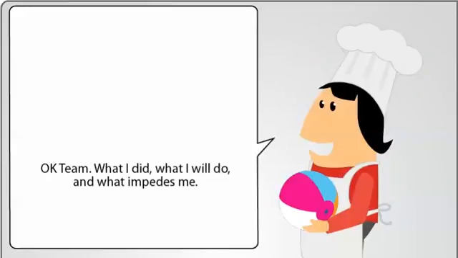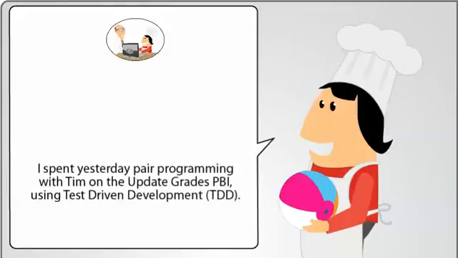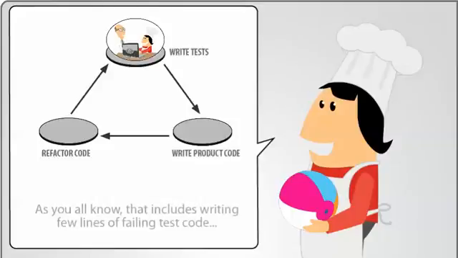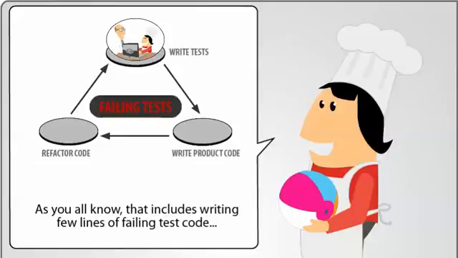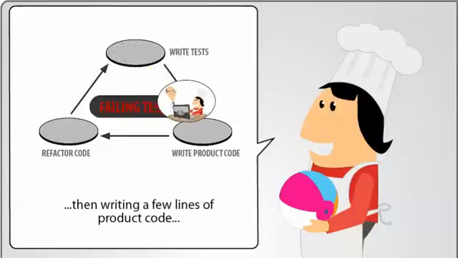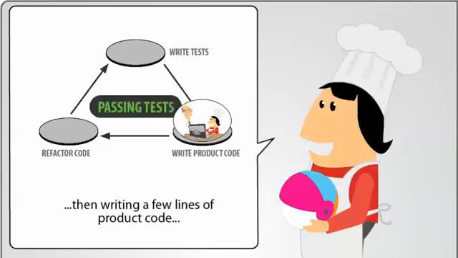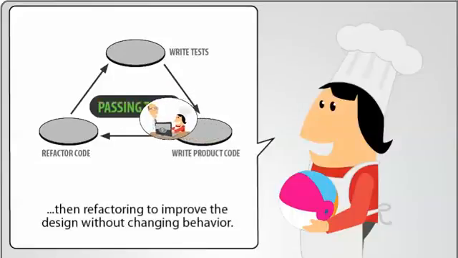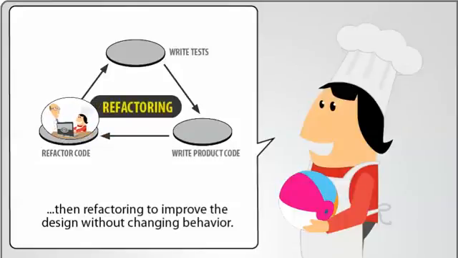Okay, team. What I did, what I will do, and what impedes me. I spent yesterday pair programming with Tim on the Update Grades PBI using test-driven development. As you all know, that includes writing a few lines of failing test code, then writing a few lines of product code, then refactoring to improve the design without changing the behavior.